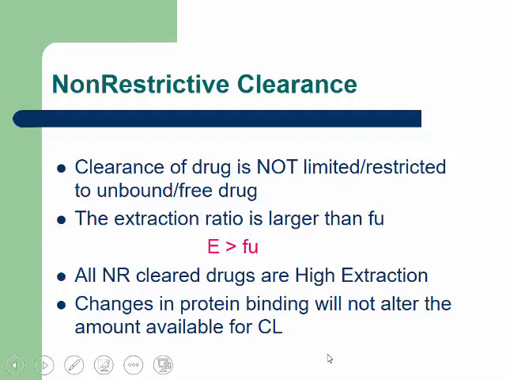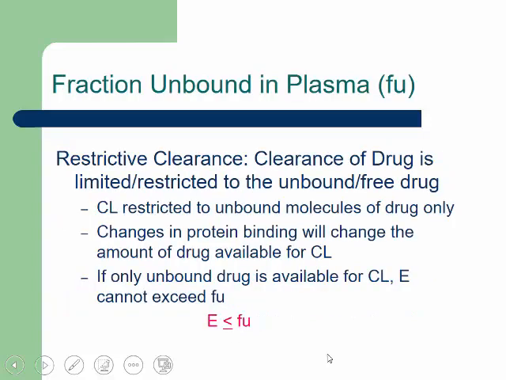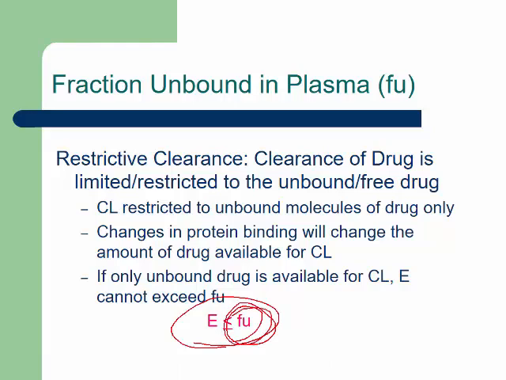Non-restrictive clearance is when the clearance of the drug is not limited or restricted to unbound or free drug. I should have showed you on this last slide. See how I said here that E is less than or equal to fraction unbound? If our extraction ratio is limited by only the free drug, so if our extraction ratio is less than or equal to our fraction unbound, that shows that it's restrictively cleared, because you can't extract or clear any drug that is bound, so only the fraction unbound is available.